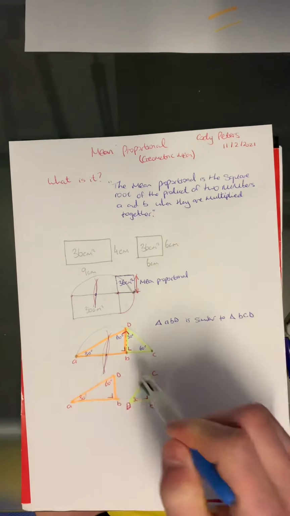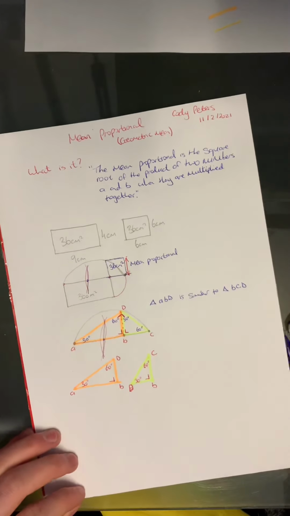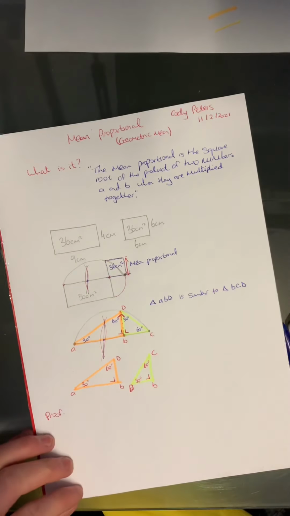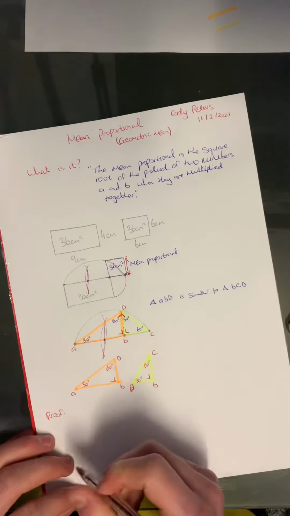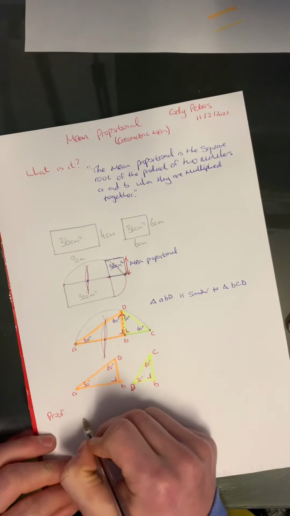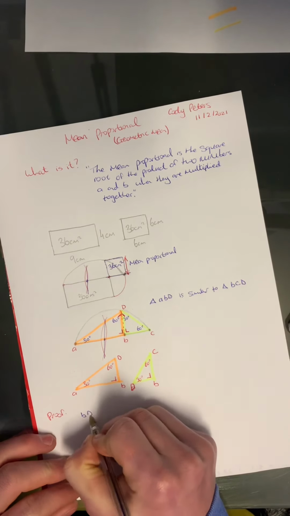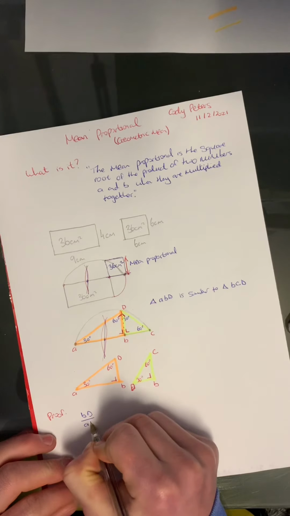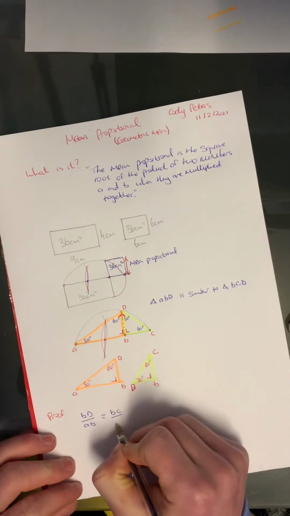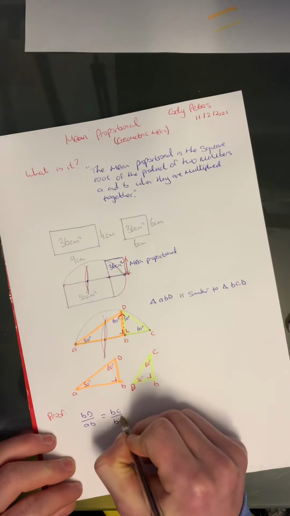So now that we've got it all drawn out, what we need to do now is prove it. So now we're going to do the proof. Because the triangles are similar, as we see, we can state that BD over AB is equal to BC over BD.